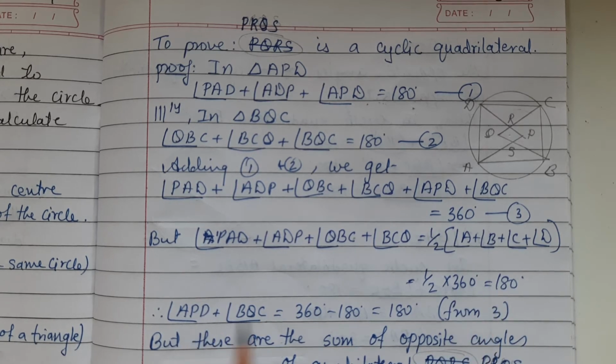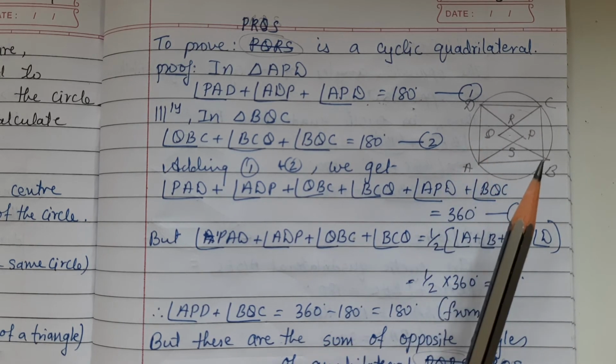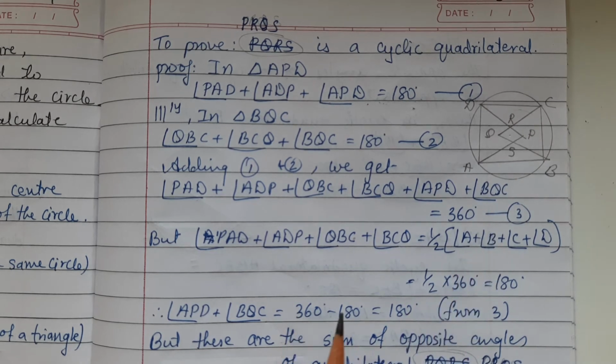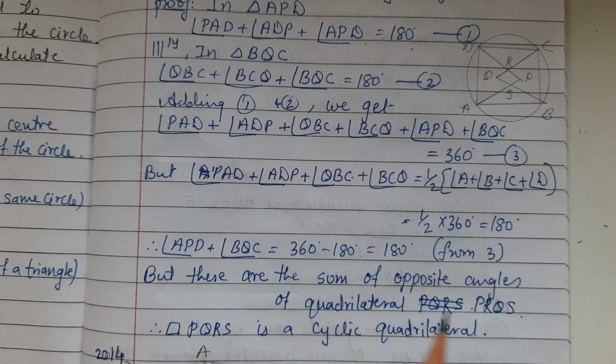Therefore, angle APD plus angle BQC is equal to 360 minus 180 is equal to 180 degrees from 3. But these are the sums of opposite angles of quadrilateral PRQS. Therefore, quadrilateral PRQS is a cyclic quadrilateral.